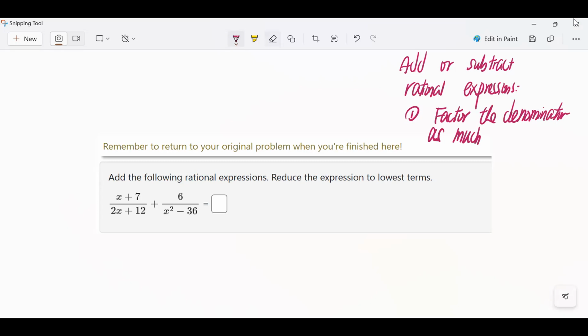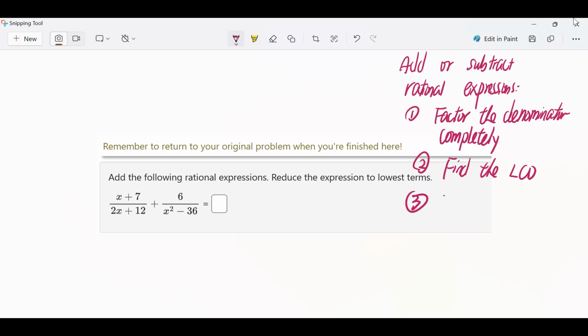I think it's neater that way. Then we find the LCD. Then turn both denominators into the LCD. Then combine both fractions.